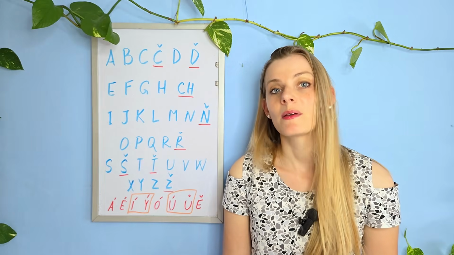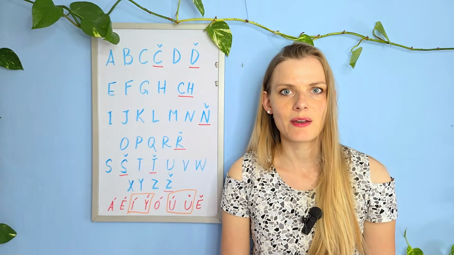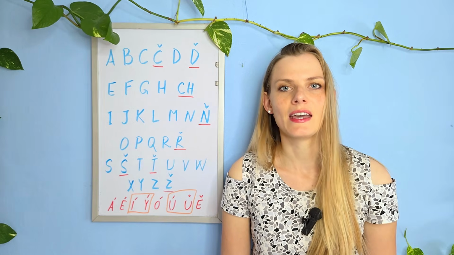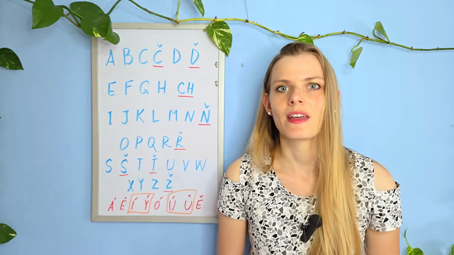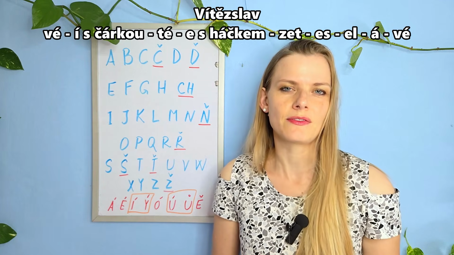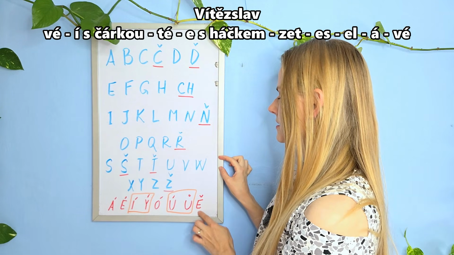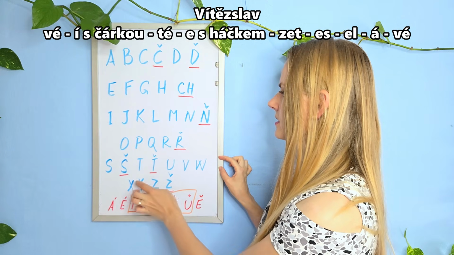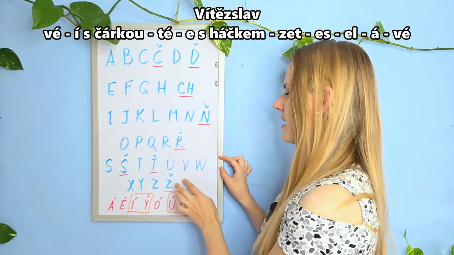V, měkké I s čárkou, T, E s háčkem, Z, S, L, A, V. And the name is Vítězslav. Pronounced as Vítězslav.